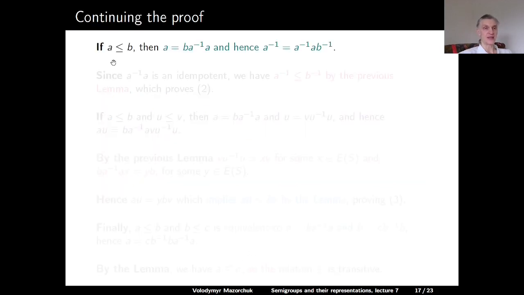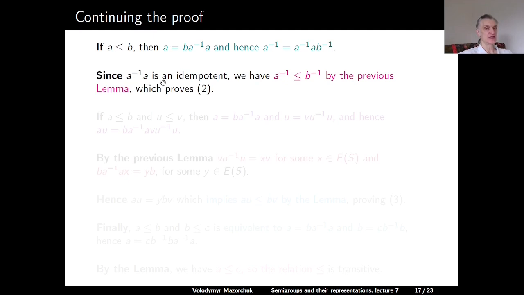Next, if A is less than or equal to B, then A is equal to B A inverse A, and hence A inverse is equal to A inverse A B inverse. So since A inverse A is an idempotent, we have that A inverse is less than or equal to B inverse by the previous lemma, and this proves condition 2.